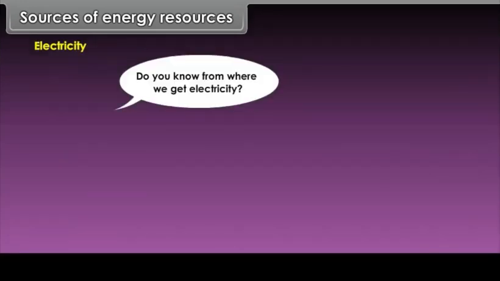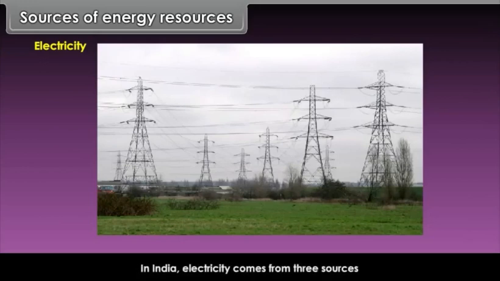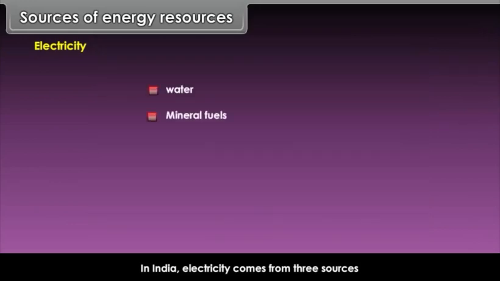Biomass. Electricity. Do you know from where we get electricity? We all get electricity through different sources. In India, electricity comes from 3 sources: water, mineral fuels and atomic minerals.